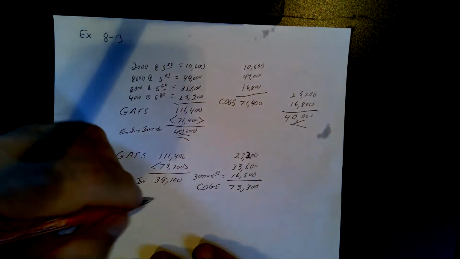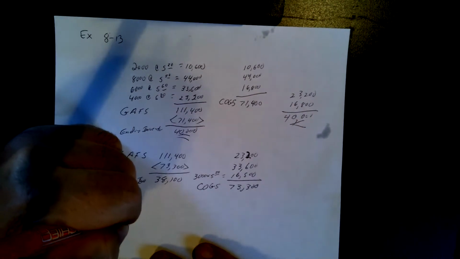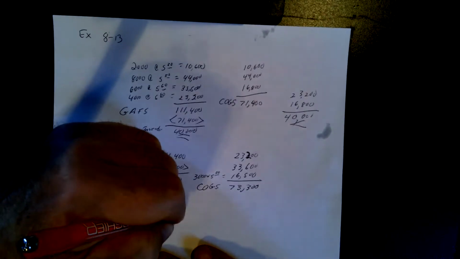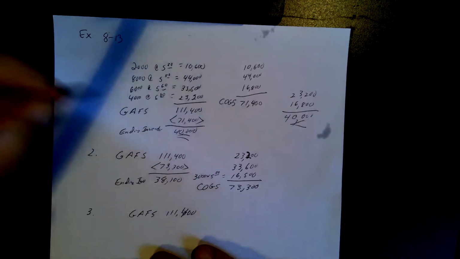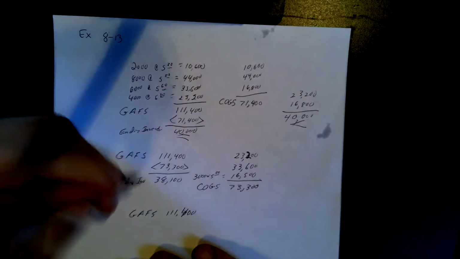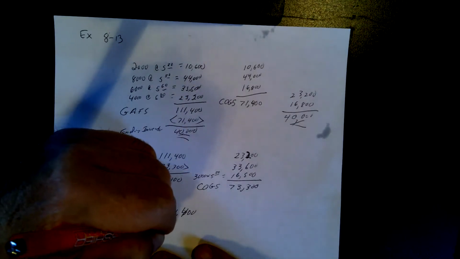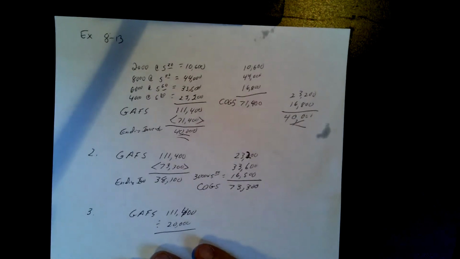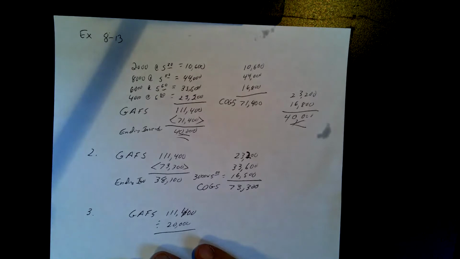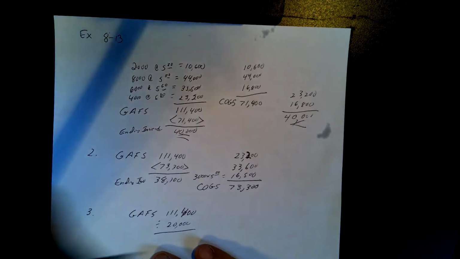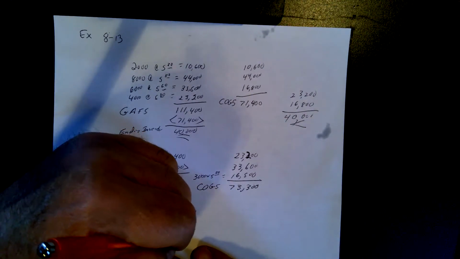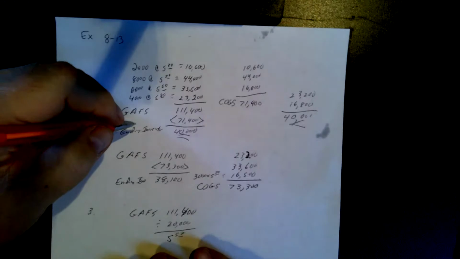Under periodic, that is very easy. We take the goods available for sale, the 111,400. We divide by the total, which we determined was 20,000. Gives us a price of $5.57 each.